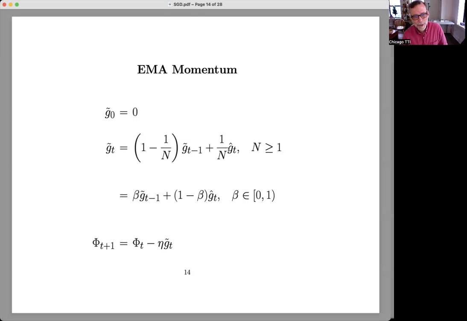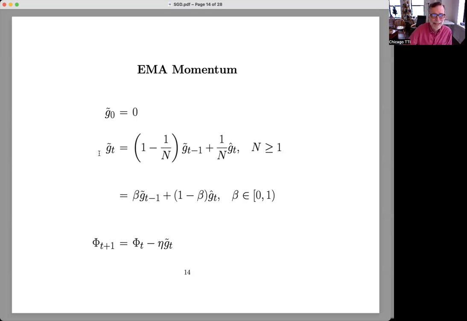And I can write it in terms of n, or I can write it in terms of beta. Here, n has to be greater than or equal to 1. Here, beta has to be in the interval 0, 1. But here, I could take n to be any real number greater than or equal to 1.